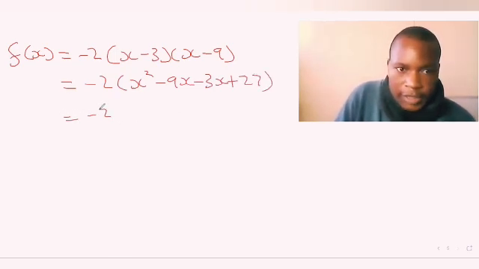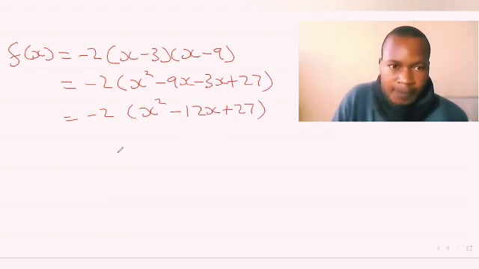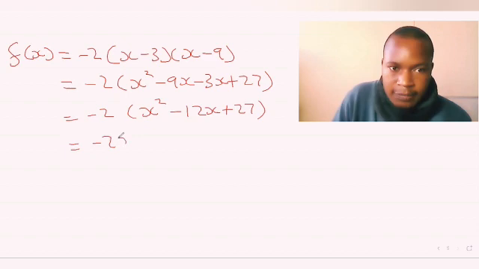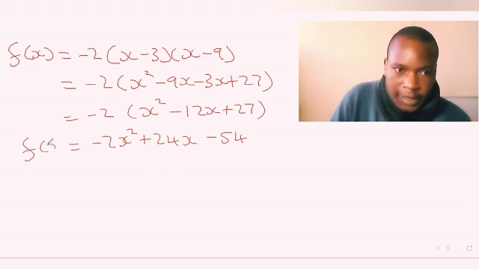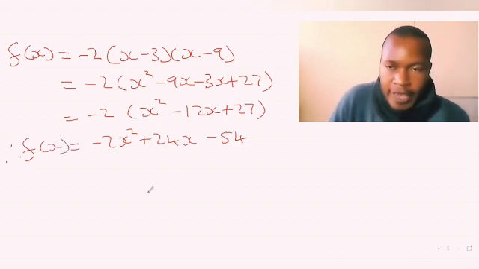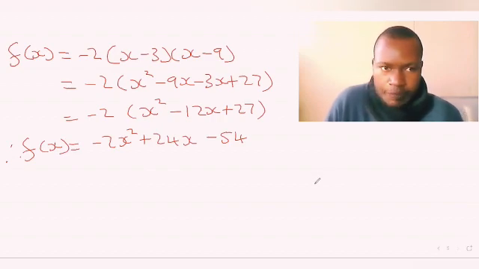We can simplify inside to give us negative 12x plus 27. Then multiply in to give us negative 2x squared plus 24x minus 54. That would be the equation of f of x, and that would be 1.2.